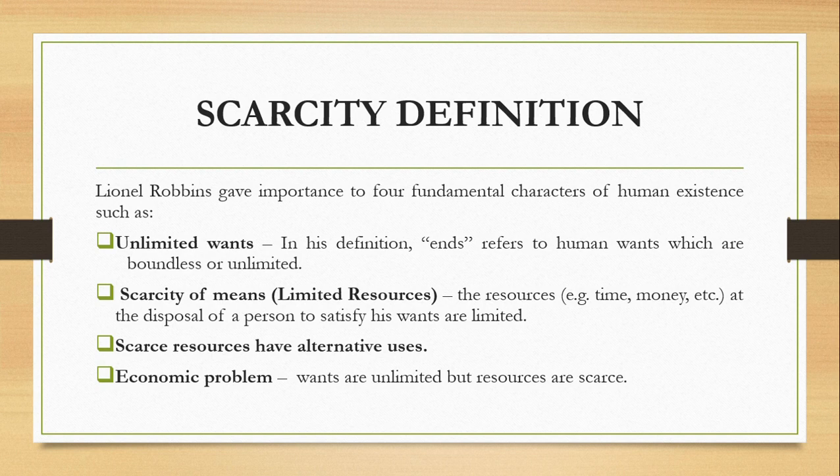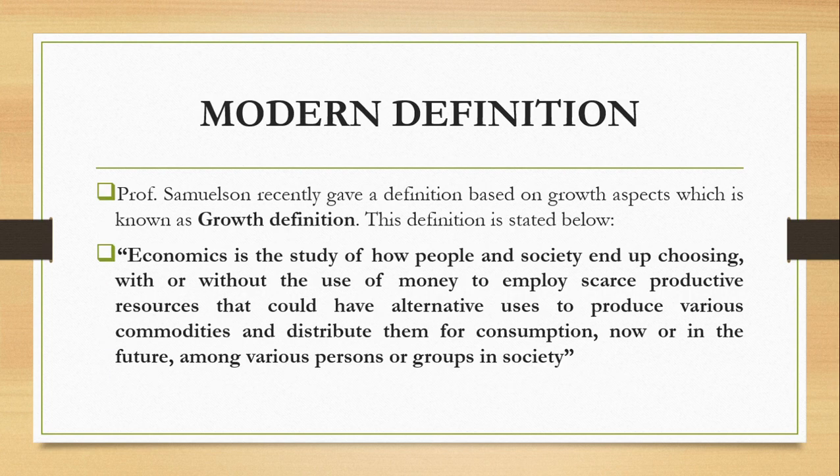And also, he mentions that these scarce resources have alternative uses, and he reveals the economic problem. The economic problem is that wants are unlimited, but resources that are needed to satisfy these wants are limited or scarce. So this is the scarcity definition of economics.